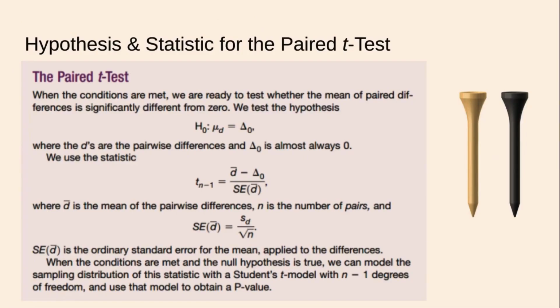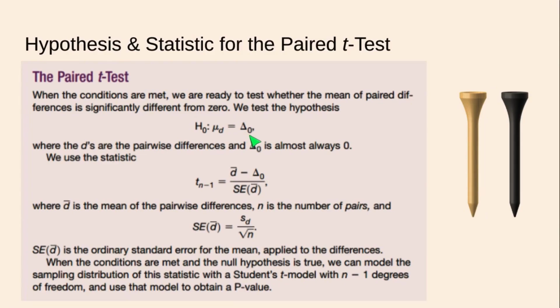So here's just some information about how we would conduct a paired t-test. Once we've met the conditions, we're ready to test whether the mean of paired differences is significantly different from 0. We will test the hypothesis, the mean difference, so not the means of the two data sets, but the mean of the differences, the mean of the before minus after, is equal to delta 0.